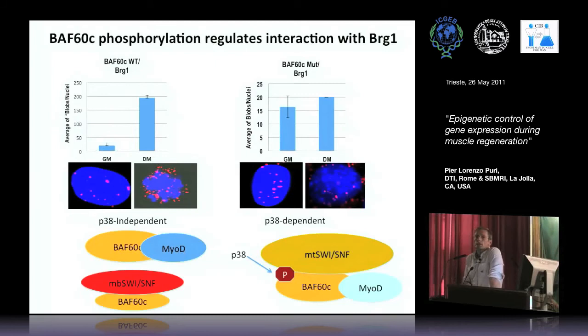And the importance of this phosphorylation is underscored by the fact that while the BAF60C wild type, after induction of differentiation, can interact with BRG1, a phosphorylation-deficient BAF60C, in which threonine 229 was replaced by alanine, was unable to enrich the interaction in differentiation conditions.